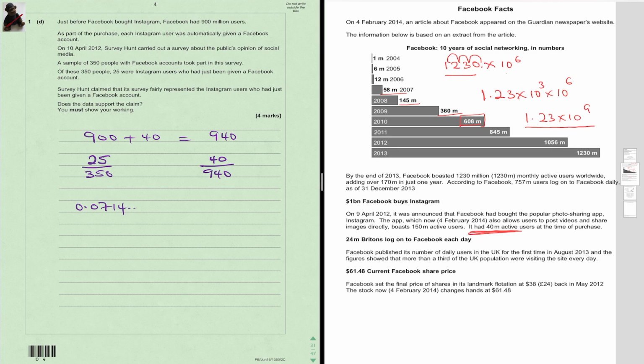0.0714, and the ratio of the 40 over 940 is 0.0426. So this one, if you multiply by 100, is 7.14 percent, and this one is 4.26%.